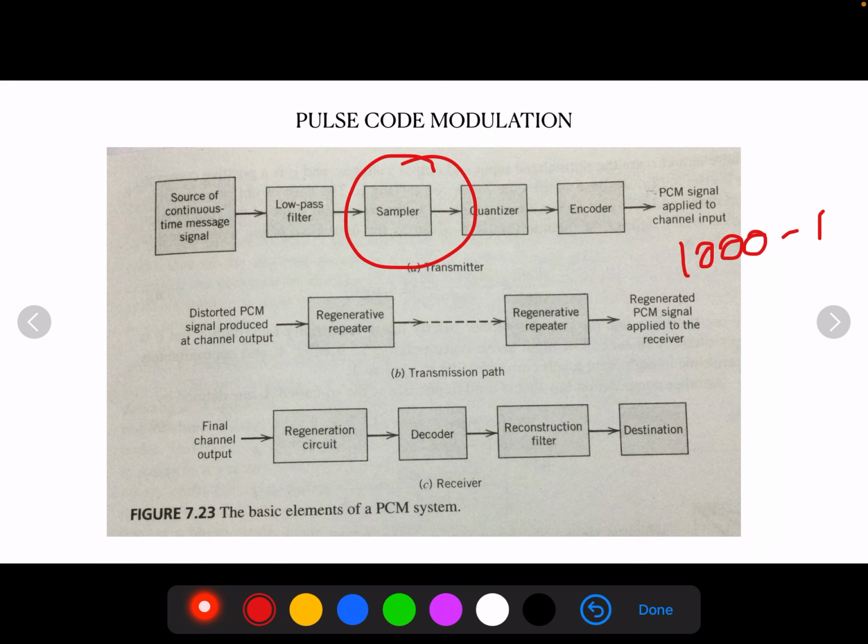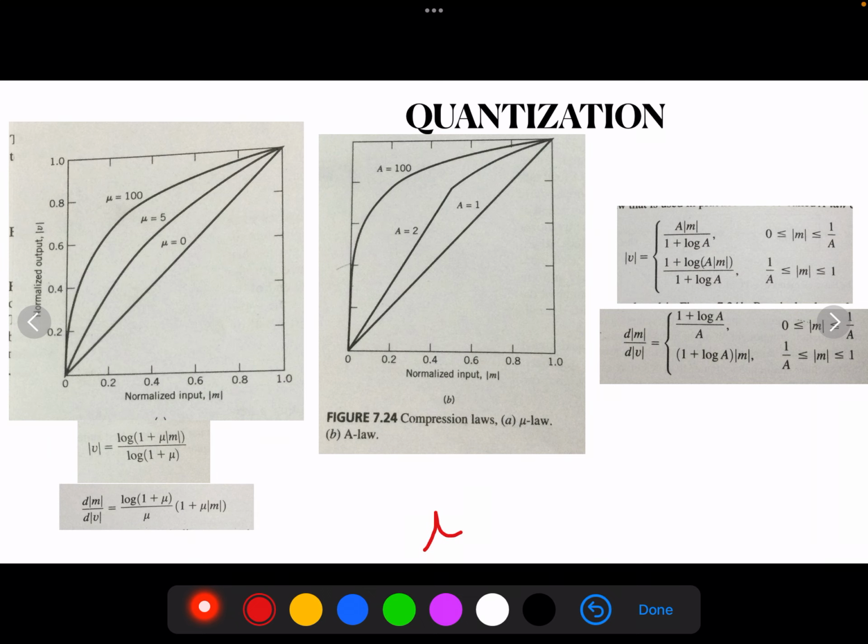A particular form of compression law used in practice is called the mu law, which is defined by the equation V equals log of 1 plus mu m divided by log of 1 plus mu, where m and V are the normalized input and output voltages and mu is a positive constant.